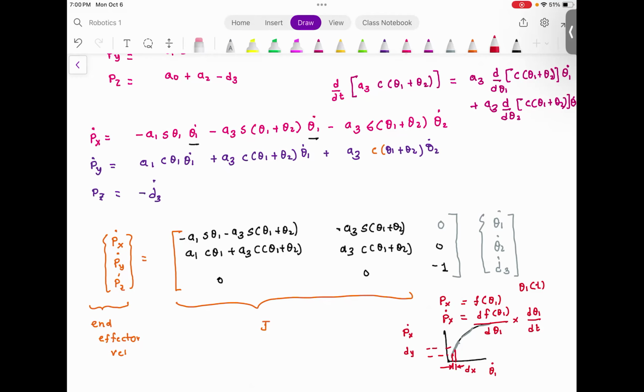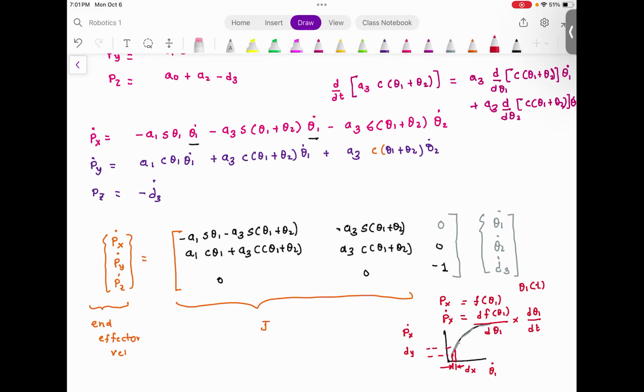Joint velocities are in the reference frame of each joint, but the end effector velocity will always be in the inertial or the first or zero frame, and this is the relationship the Jacobian provides. Jacobian relates joint velocity to the end effector velocity.